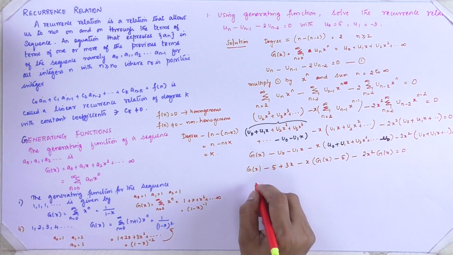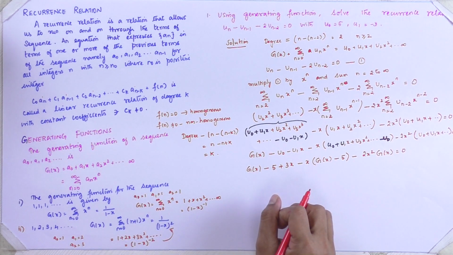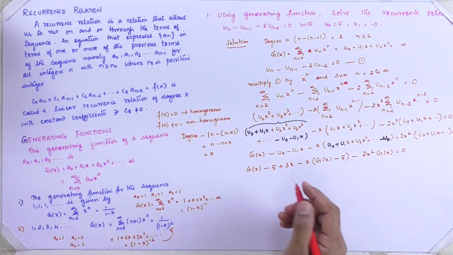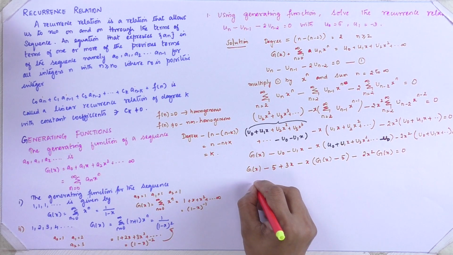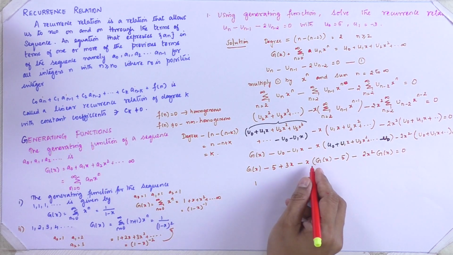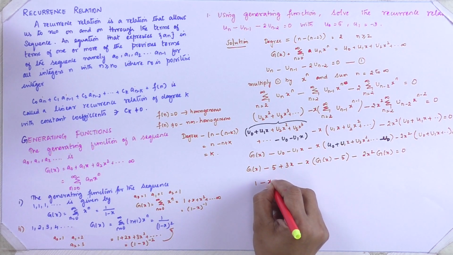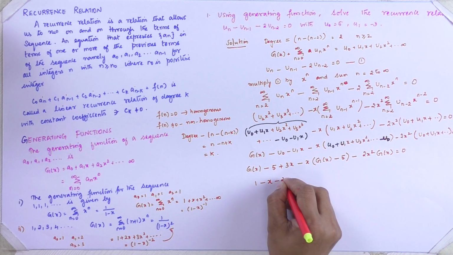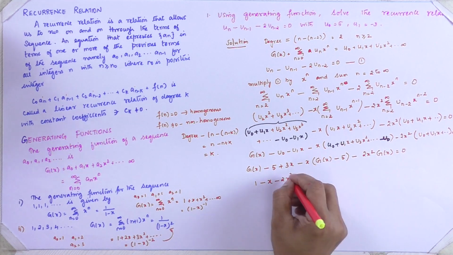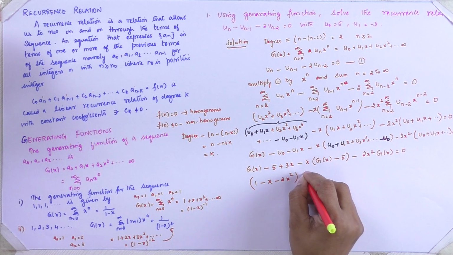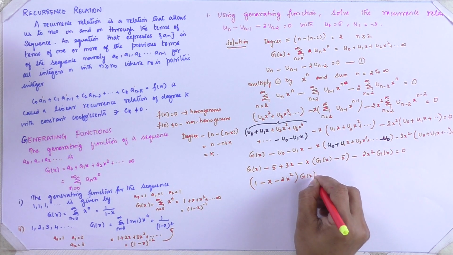So, now I will pool all my g of x to one side and I will take the rest of the terms to the other side. So, g of x, the coefficient here is 1, then the g of x coefficient is minus x, here I have the coefficient to be as minus 2x square into g of x, right?